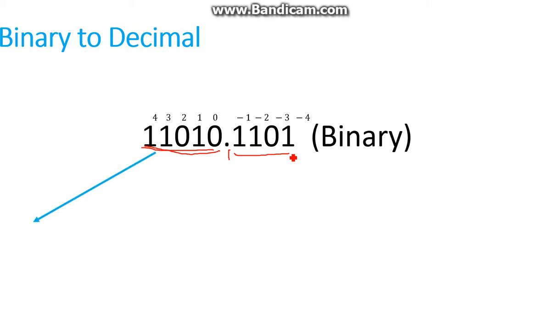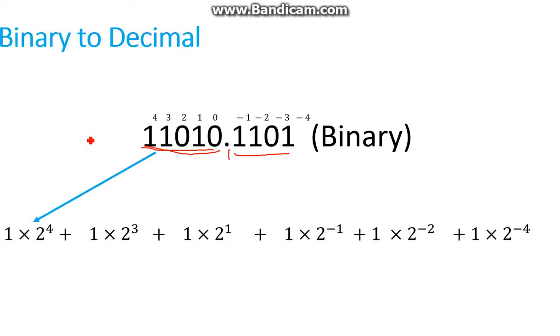Consider that to the left of the binary point we have only 3 ones. So we need to add 1 times 2 to the 4, plus 1 times 2 to the third, plus 1 times 2 to the first, okay? And again, we need to add the remaining weights, but now the positions are negative.